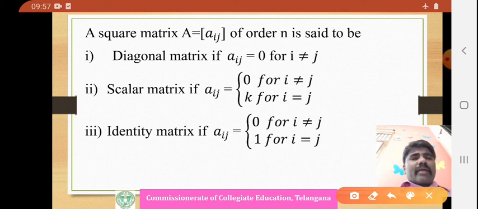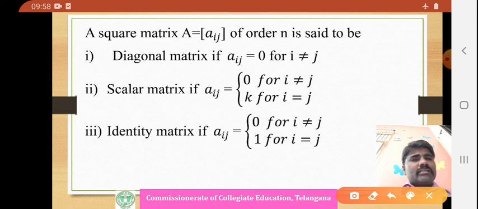And a scalar matrix: aij equals 0 for i not equal to j and k for i equal to j. That means the principal diagonal elements are the same number k, and all remaining elements are zeros. So a scalar matrix is also a diagonal matrix.